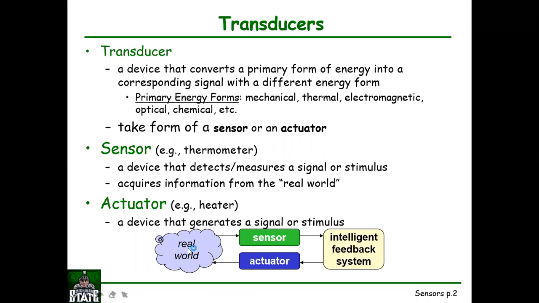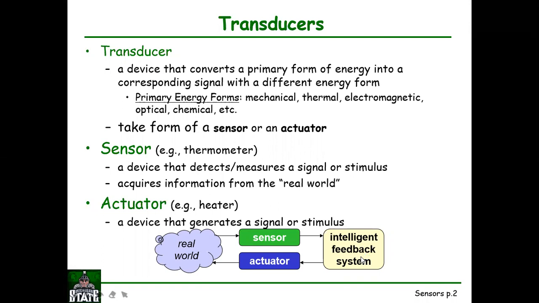The first part is your real world, sensor, actuator, intelligent feedback. What this figure shows is that you are giving a signal from your real world to the sensor, and this sensor gives that particular signal to some intelligent feedback system.